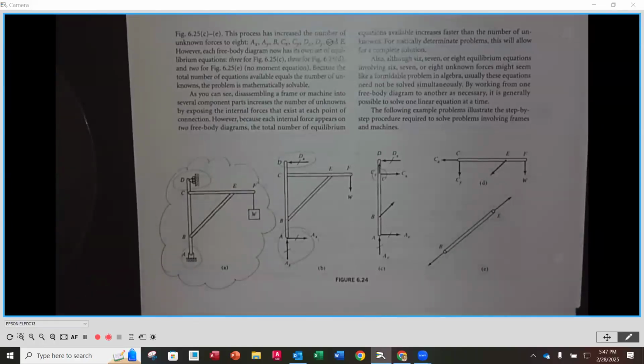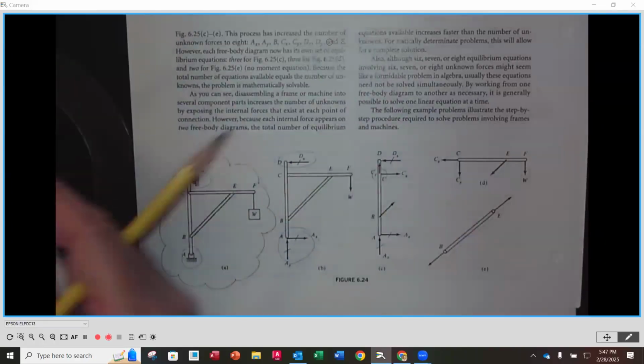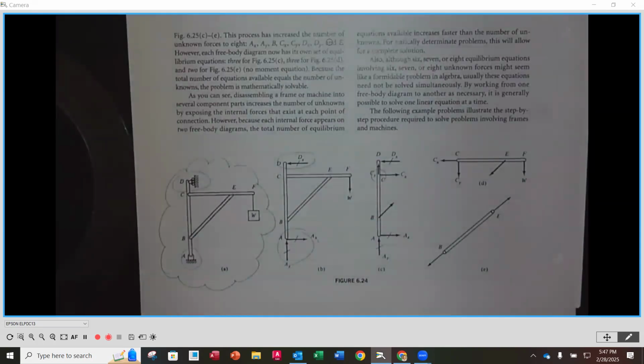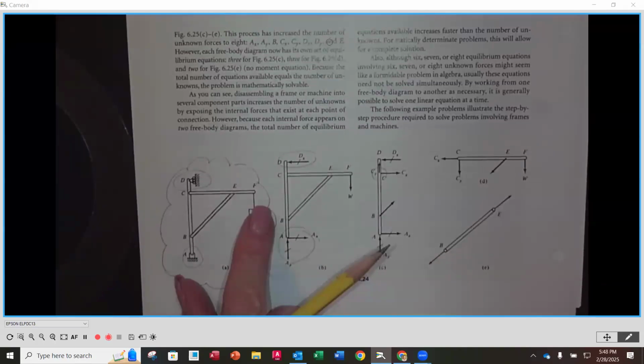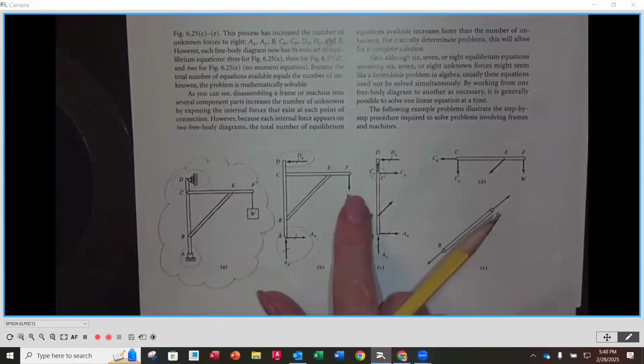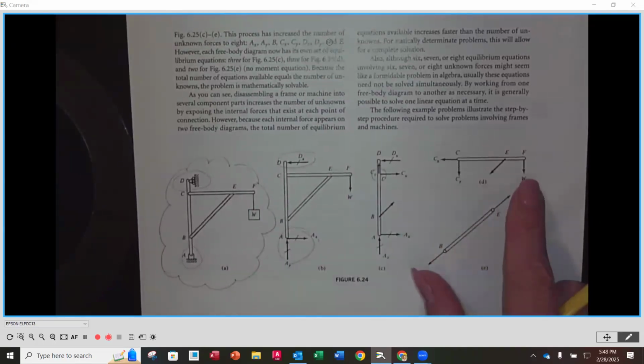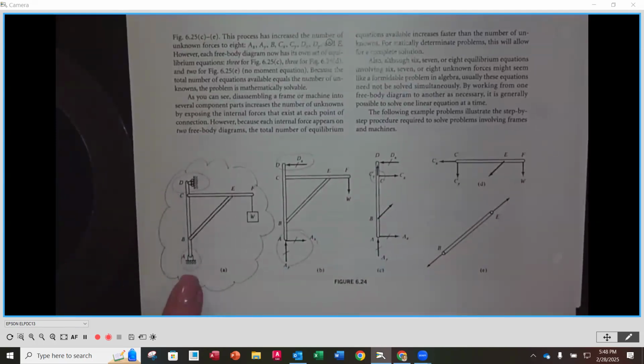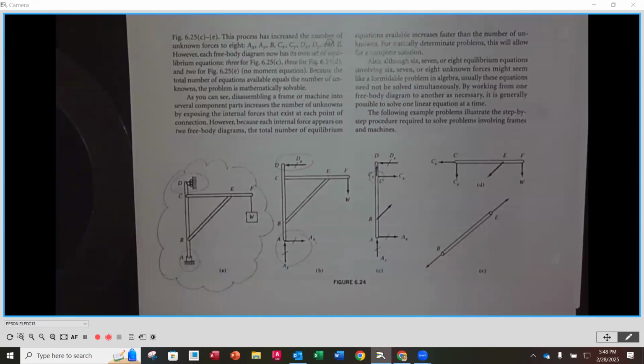Now, that part where I said we change the direction of the reactions, okay? So part C here, when we move from one member to the other. For instance, if it's an applied load like W, it stays in the same orientation. If it's a reaction force, like at A and at D, those are considered applied loads.